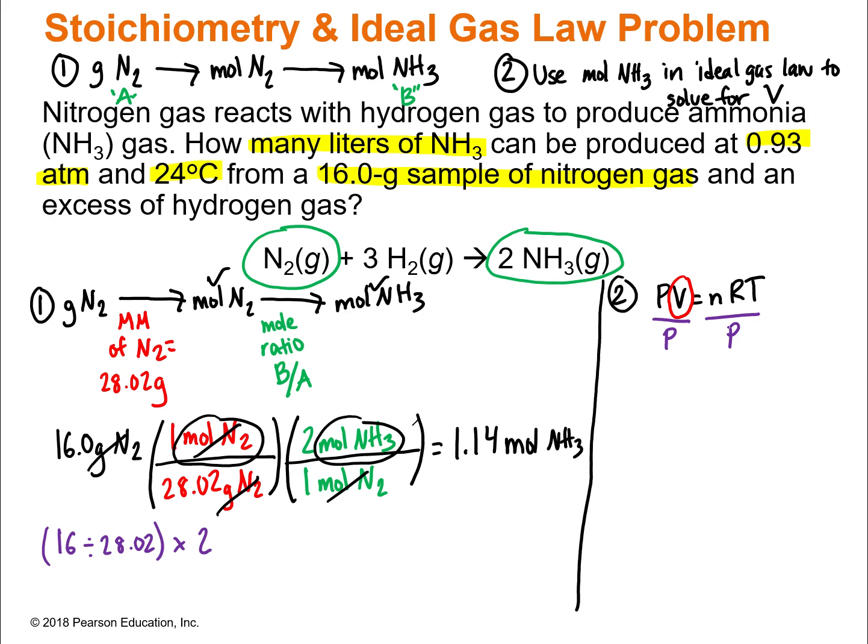Divide both sides by P. Now let's make sure that we know our variables. N is what we solved for. That's the number of moles of ammonia that we'll make.